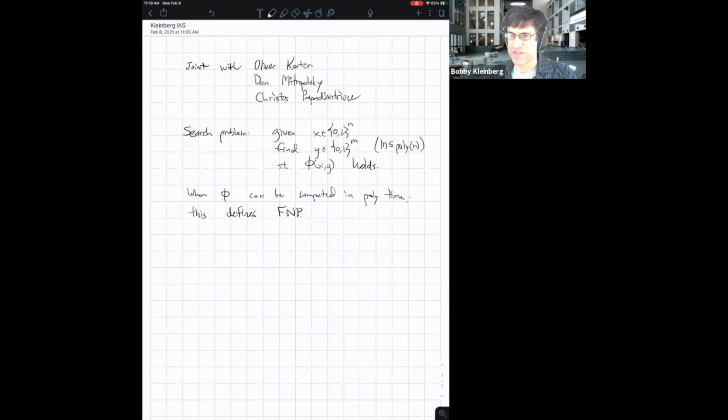The search version of that is find a clique of size k if one exists. And so this involves computing partial functions, when it's easy to verify that some y is the output of the function.